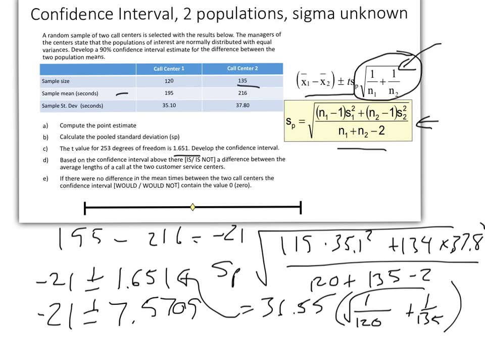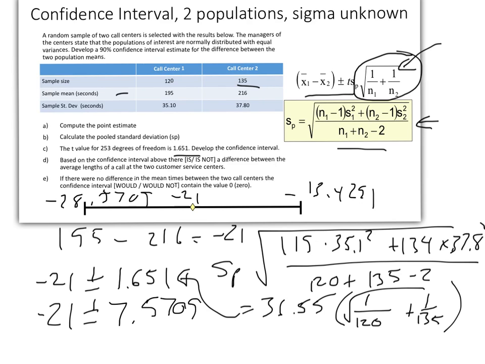So then you get the negative 21 in the center, negative 28.5709 here, and negative 13.4291 on this side, and this is the number of seconds per call.